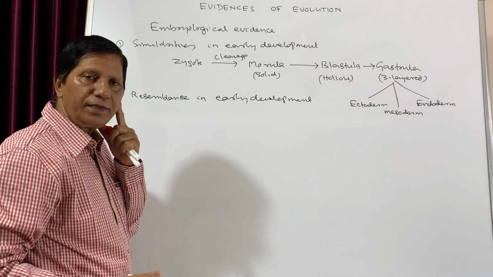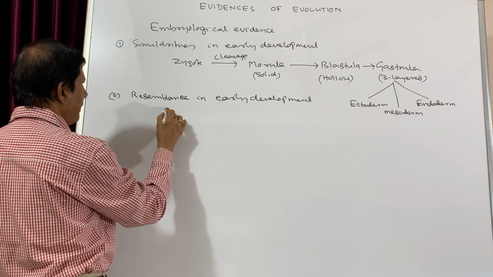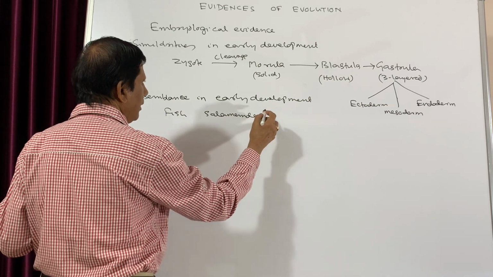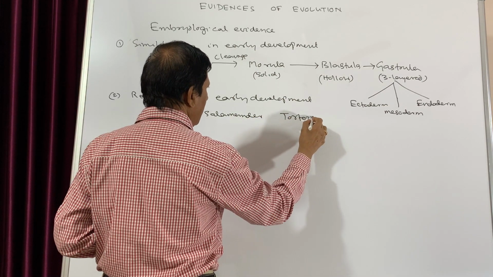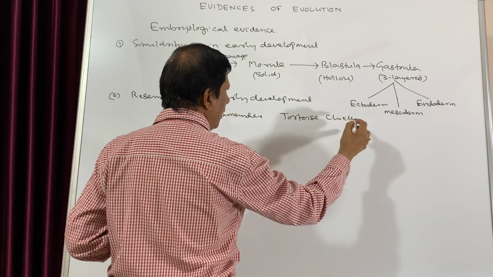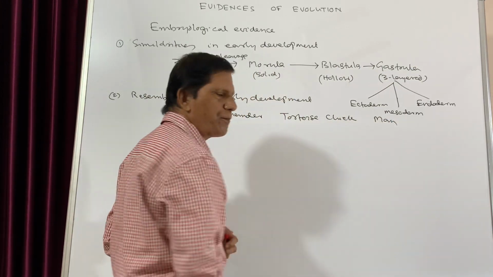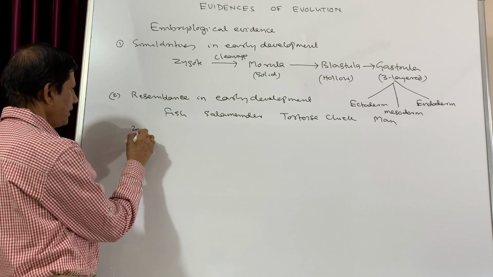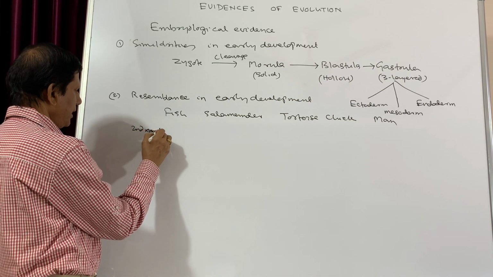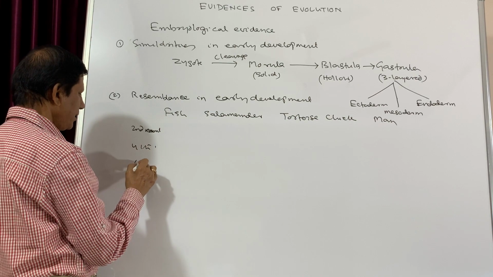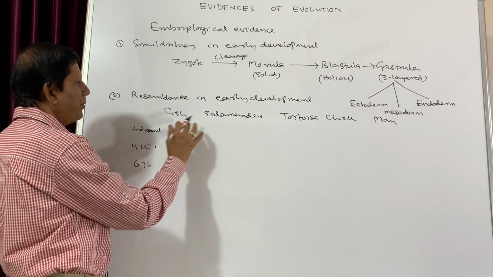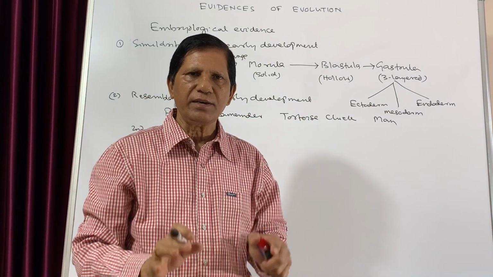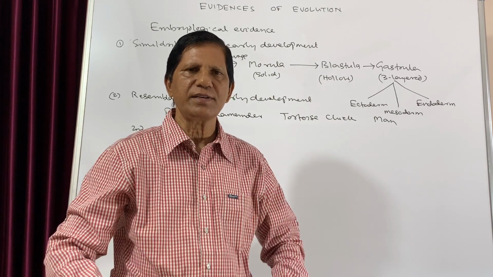Now if we compare the embryology of fish, salamander, tortoise, chick, and man, and suppose we study different stages of development, suppose after the second month, fourth month, or sixth or seventh month, like that, if we compare the embryology of a fish, salamander, tortoise, chick, and man, we will see that the embryological development is similar in all cases.